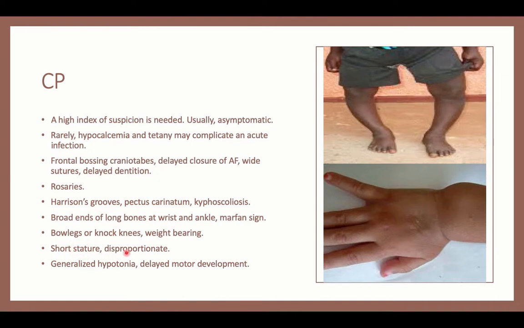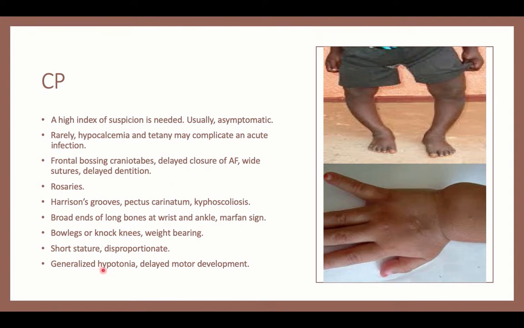So short stature, and short stature here is disproportionate, which means that the ratio between the upper segment of the body to lower segment of the body is not normal in relation to age, and this is usually due to the deformity of lower limbs. Being bowed like this will result in shortening of lower segment of the body, giving high ratio between the upper to the lower segment of the body.